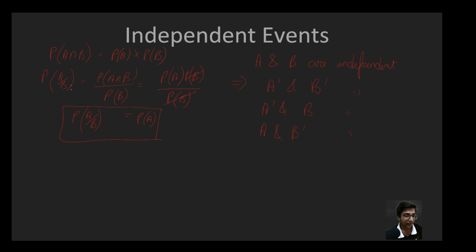Similarly, P(A dash intersection B dash) would become P(A dash) into P(B dash). Now this happens only when our events are independent. If our events are not independent, then this type of equation would not be formed.